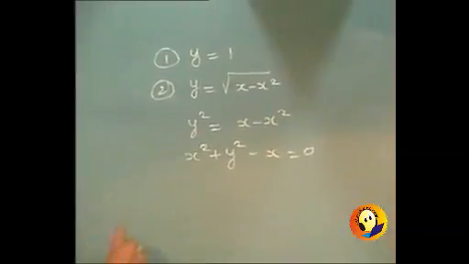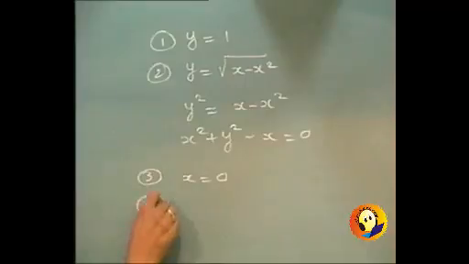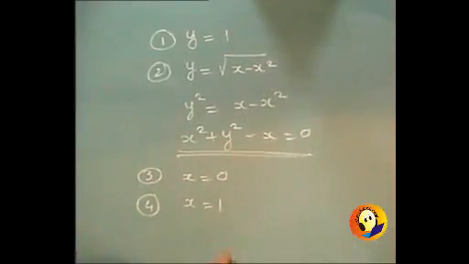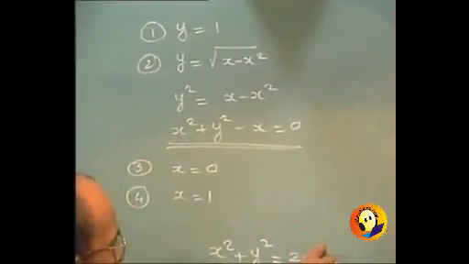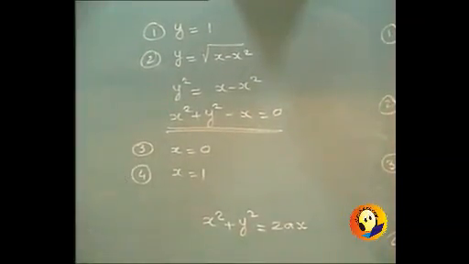The third boundary is x equal to 0, that is y axis, and the fourth one is x equal to 1. First of all, we will have to check what this curve x square plus y square minus x equal to 0 will be. This particular curve is actually a circle, because the general equation of circle x square plus y square equal to 2ax is a circle touching y axis having center at a, 0 and radius is a.